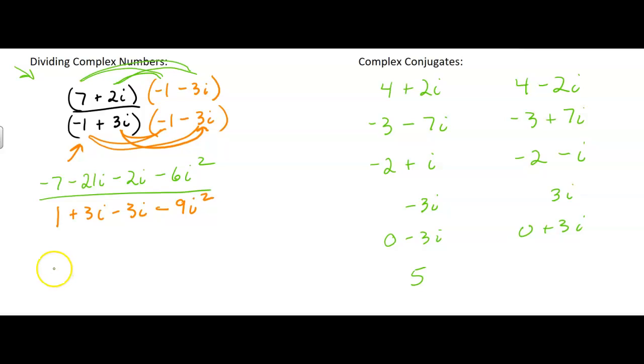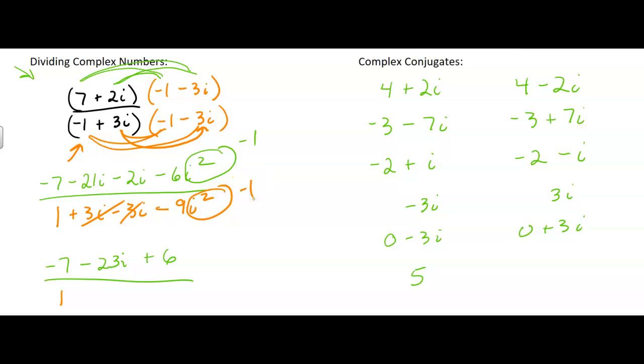In the numerator, I have negative 7 minus 23i, and this is going to be negative 1, right? So plus 6, over, and then in the denominator, I'm going to have 1. These are going to cancel out, and then this is going to be negative 1, i squared, so it's going to be plus 9.